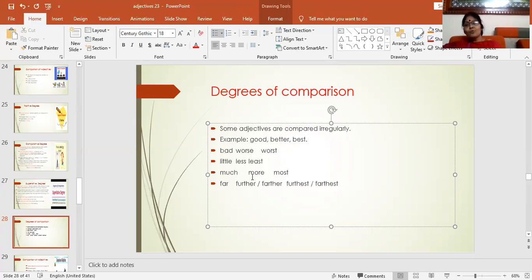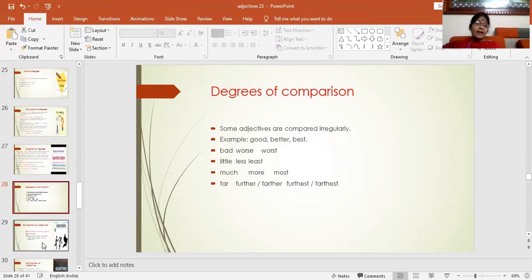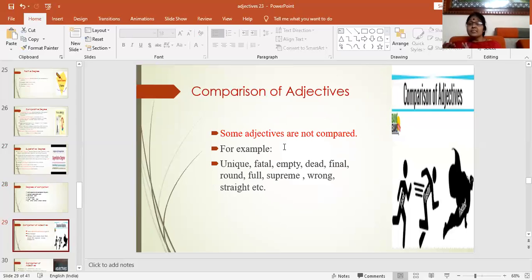Much, more, most. Far, further, furthest, right? So this way, they are irregular adjectives. And also remember, some adjectives are not compared at all. For example, adjectives like unique, fatal, empty, dead, final. Round, rounder, roundest you cannot have. Full, supreme, wrong: these words cannot be compared at all.